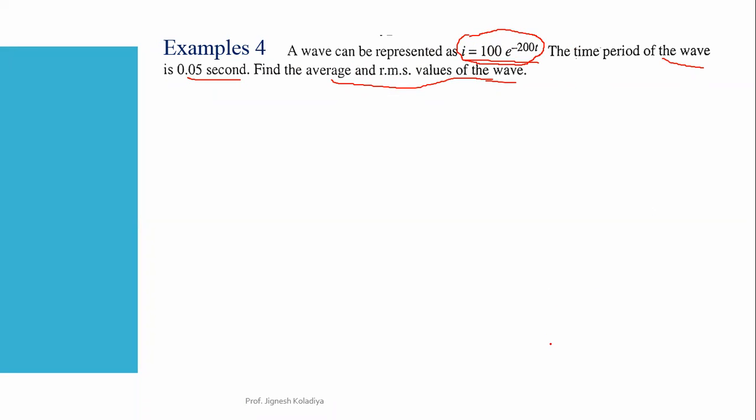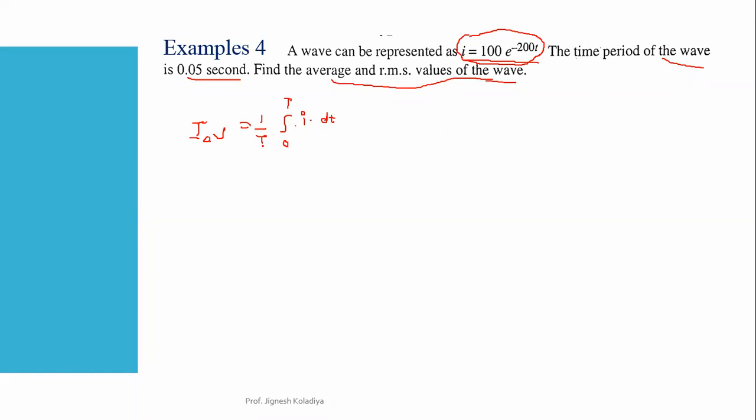All of you know the average value equation, whatever we have derived. I average is equal to 1 upon T integration 0 to T of i into dt.